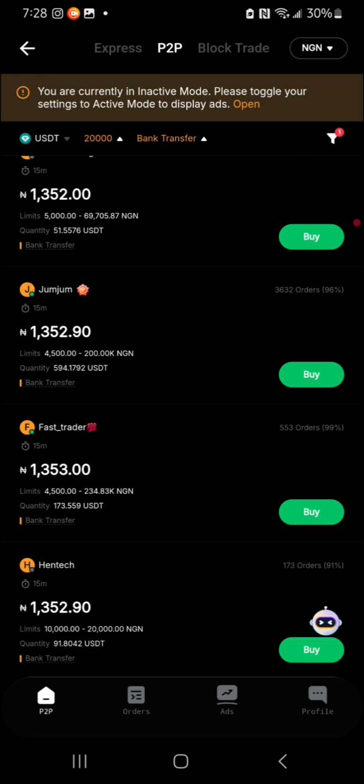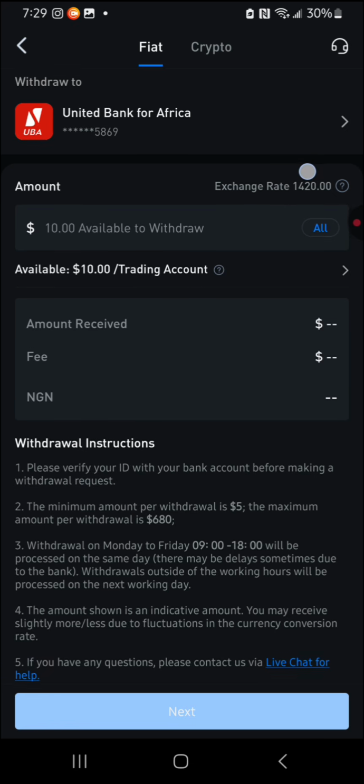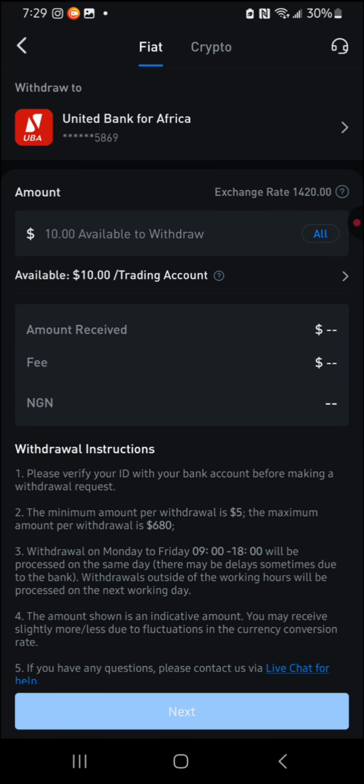So let me show you the P2P market we are going to be selling on at a much higher price. On this P2P market, as you can see, the exchange rate is currently at 1,420. Remember, we got it for 1,351 or thereabout.